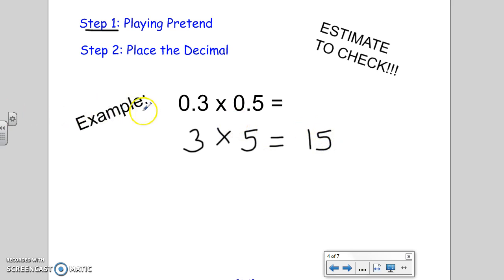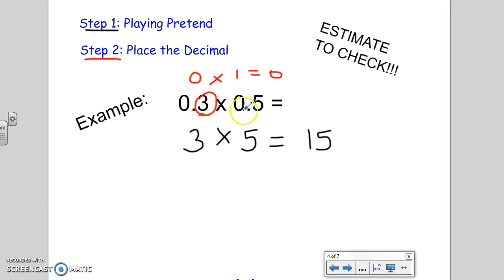If I do a quick estimation to check, 0 and 3/10 is estimating and rounding to 0. 0 and 5/10 rounds up to 1. 0 times 1 is 0, which is nowhere near close enough to our answer of 15. That's because we forgot to put that decimal point back in. If I'm going to count however many digits live in the decimal universe, it's everything to the right of the decimal point.